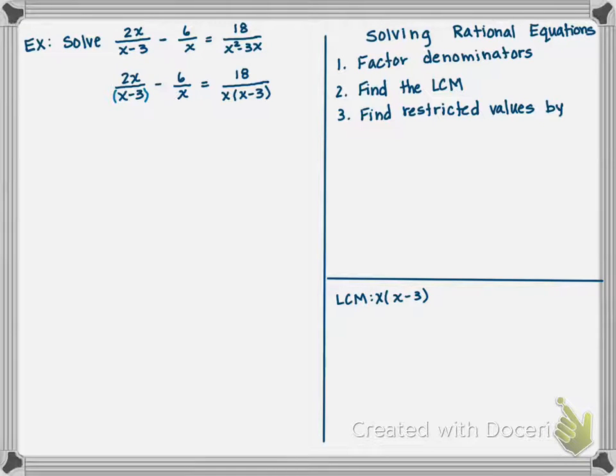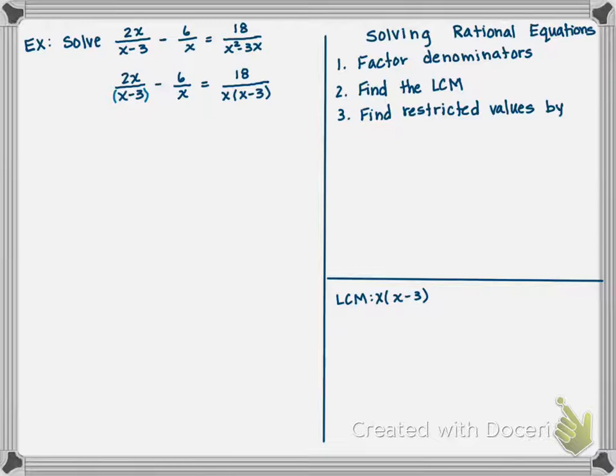And we could look at each fraction individually and find the restricted values, just like we find the domain of a function. But instead of doing it 3 times, it actually works just to set your LCM not equal to 0, because your LCM contains all the factors from all the denominators. So if you have an x value that makes any one of the factors in your LCM equal to 0, it'll make one of your denominators 0.